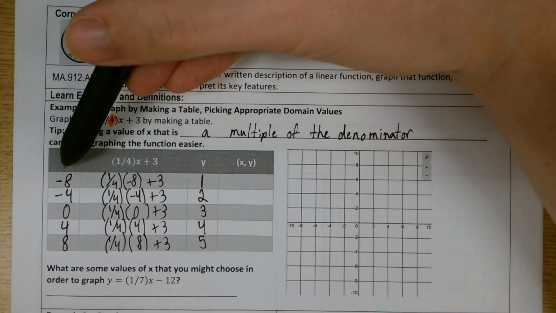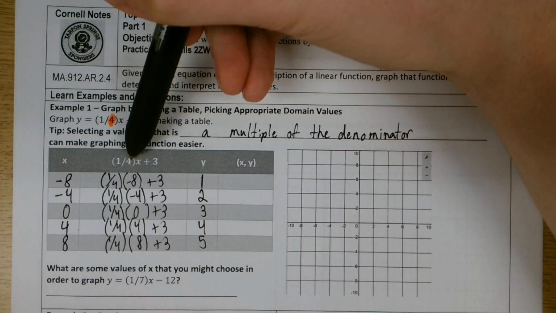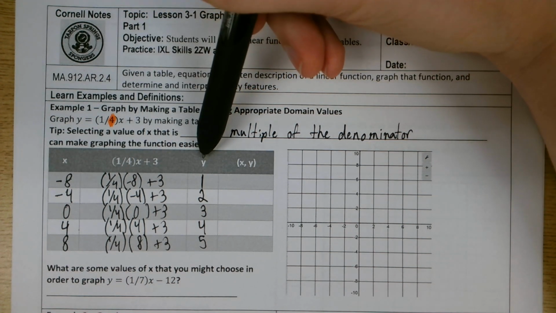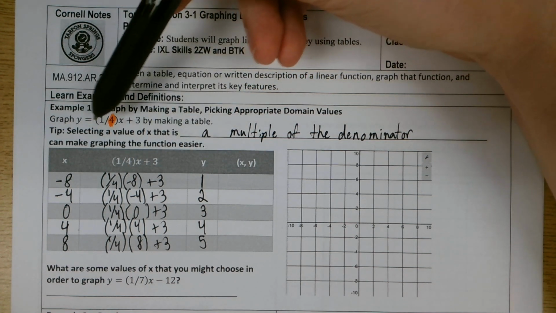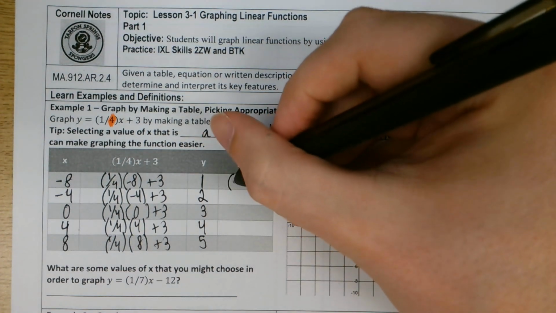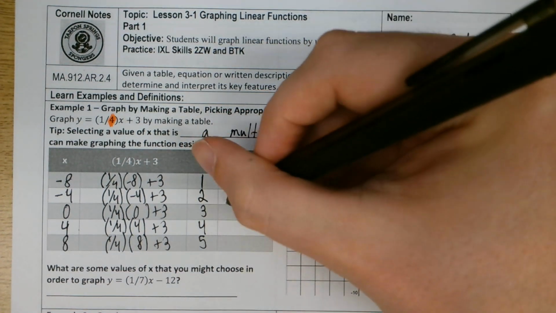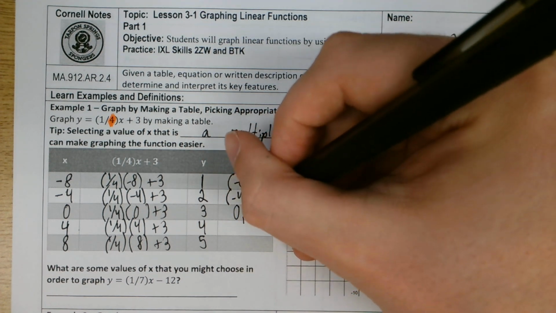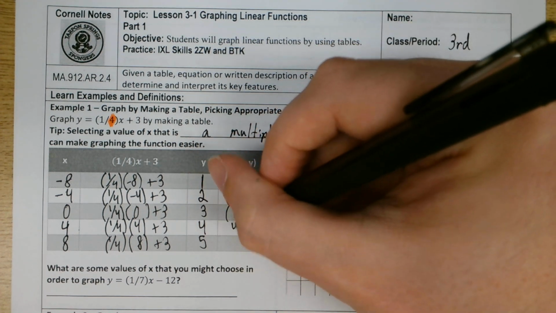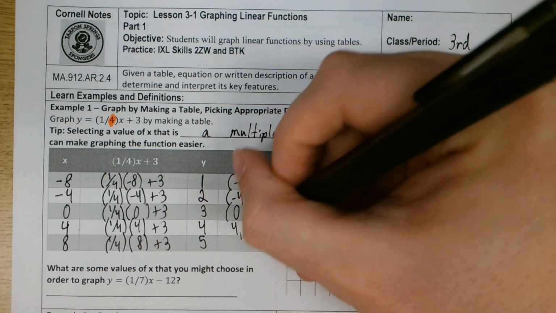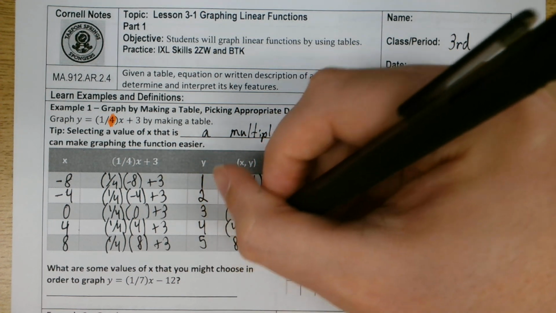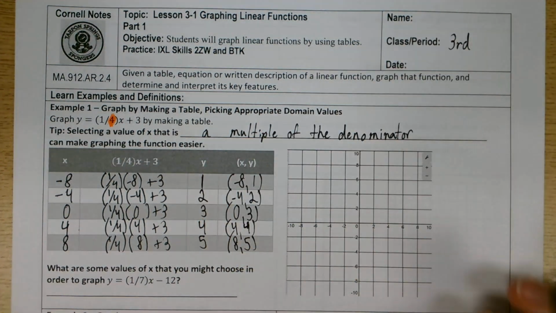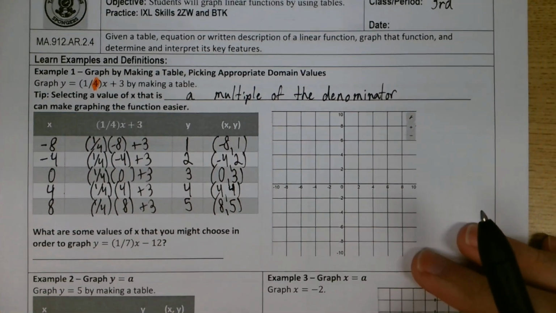We chose some x values, we plugged them in, we found the y values, the results, and now we just get to graph them. -8, 1; -4, 2; 0, 3; 4, 4; and 8, 5. We can graph those 5 points.